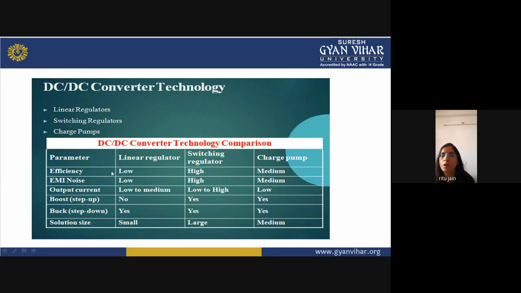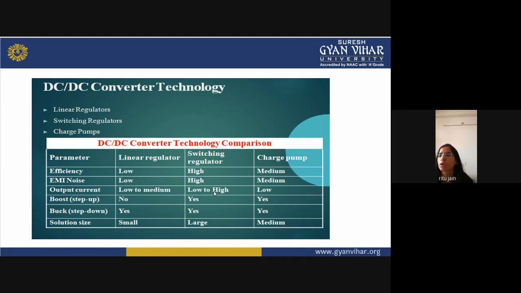The efficiency of linear regulator is low, switching regulator is high, and charge pump is medium. If you come to the EMI noise, then EMI noise is less in linear regulator, it is high in switching regulators, and it is medium in charge pump. Next, your output current is low to medium in linear regulator, low to high in switching regulator, and low in charge pump.